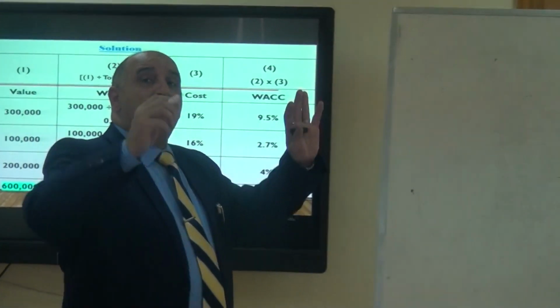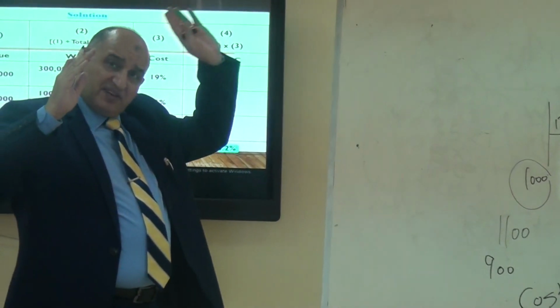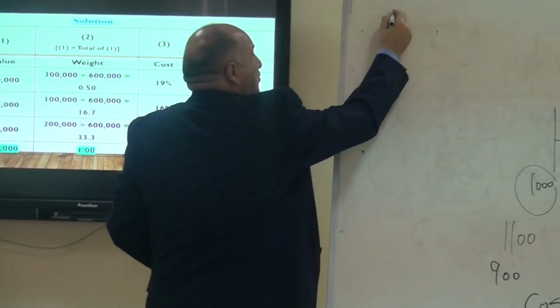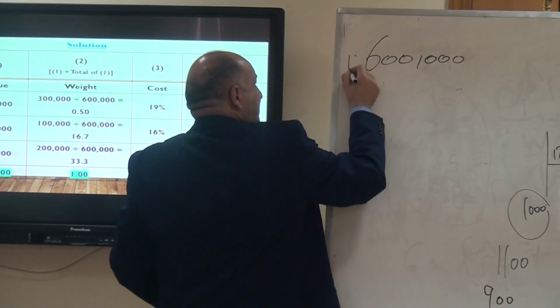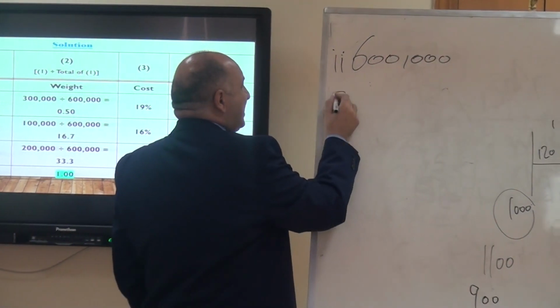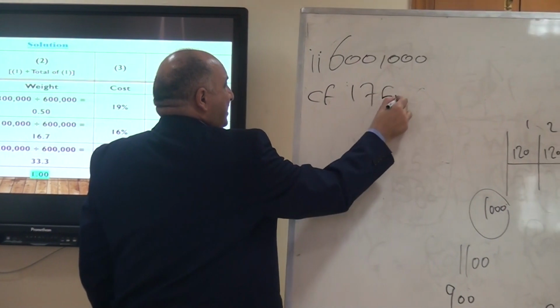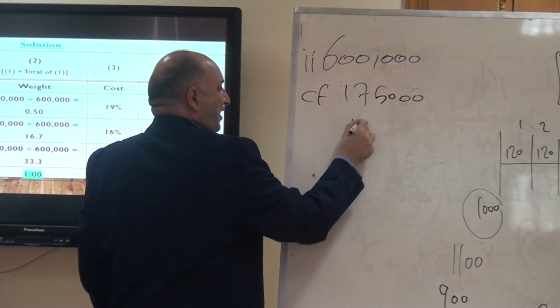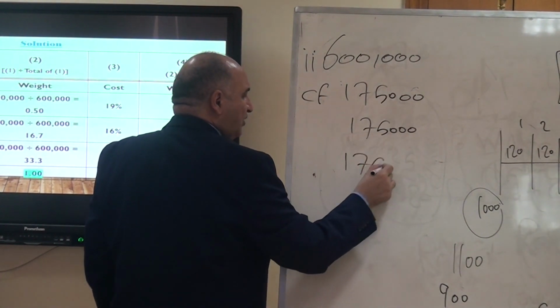Now, you have the same information as exactly the previous lecture. You have the initial investment, which is 600,000, and you have the cash flow, which is 175,000, for how long?